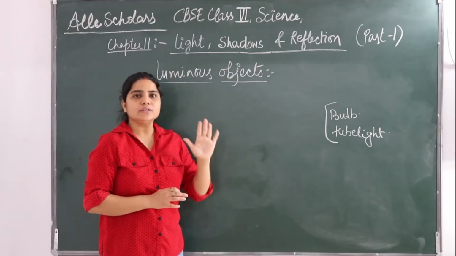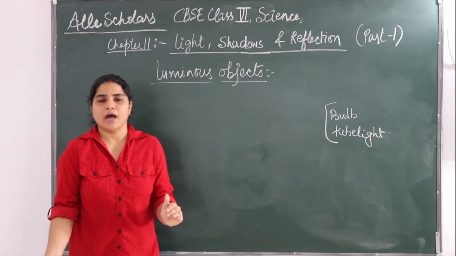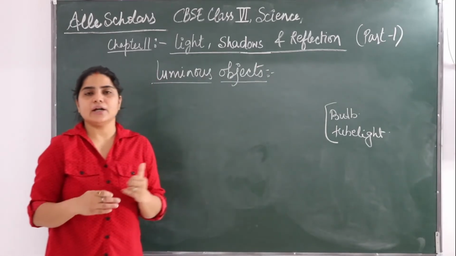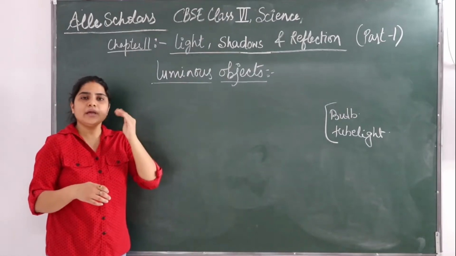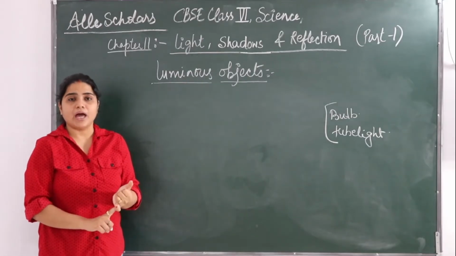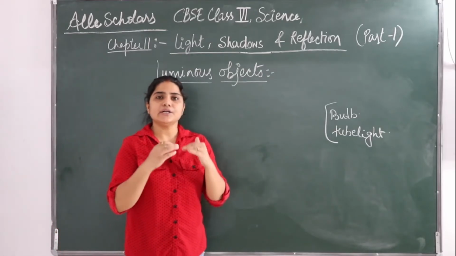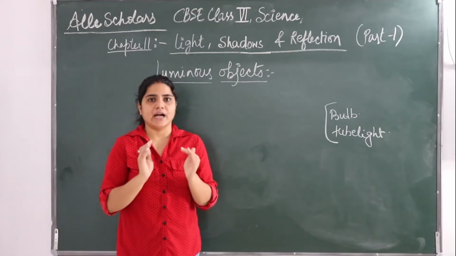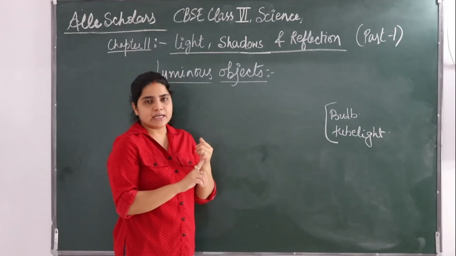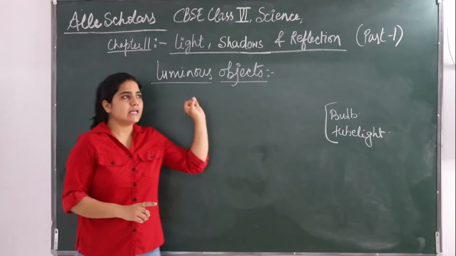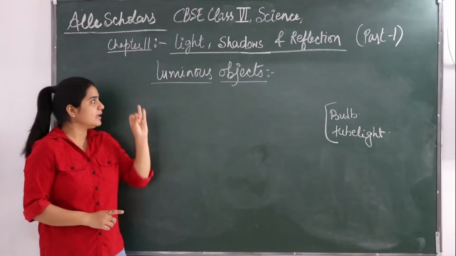So natural source and man-made source is one thing. Luminous and non-luminous is different. Luminous objects can be any object. It can be a man-made object, it can be a natural object, but it should emit its own light. If you see, the sun has its own light, so it is a luminous object, but the sun is a natural source of light.